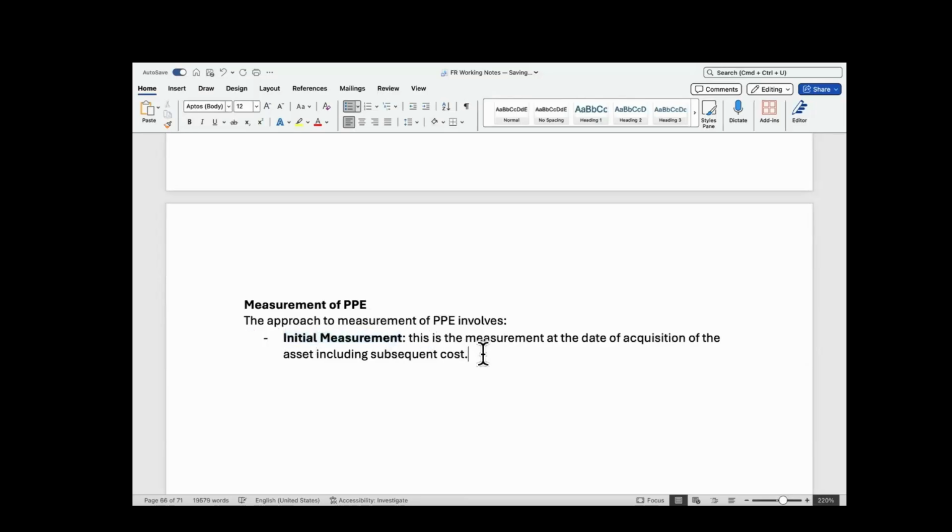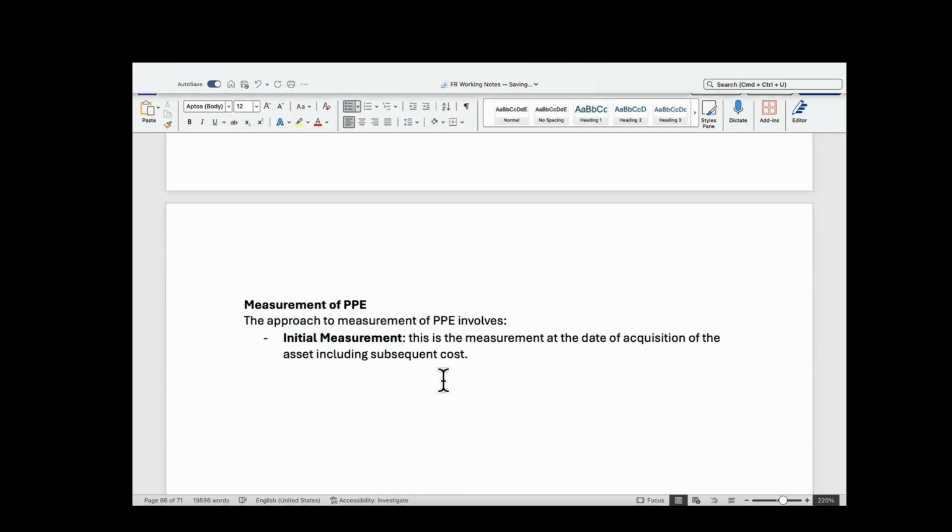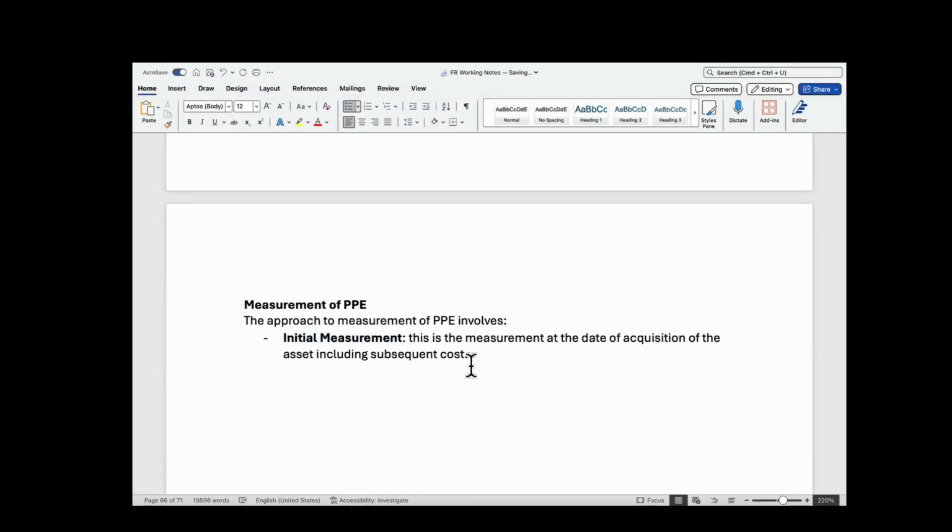We also have subsequent measurements, and this is the measurement at each reporting date.